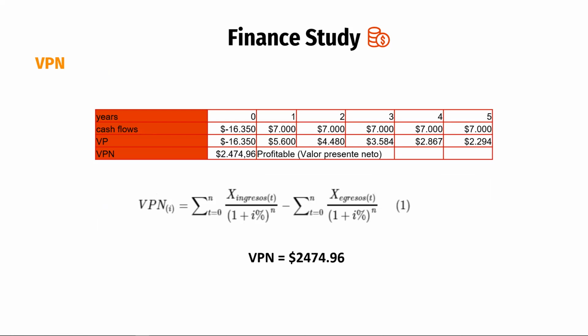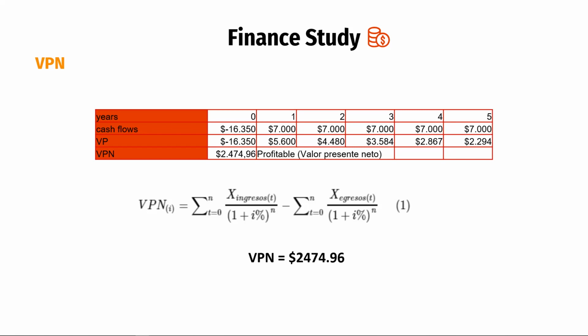When calculating the VPN for our project using the formula, considering a minimum rate of return or TIO of 25%, with an investment of $16,350 and an annual profit of $7,000, we obtain a net present value or VPN of $2,474.96, which being greater than 0 is an indicator of viability of the investment of this project.